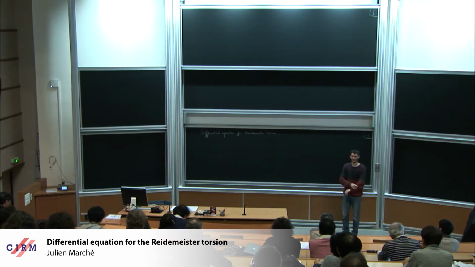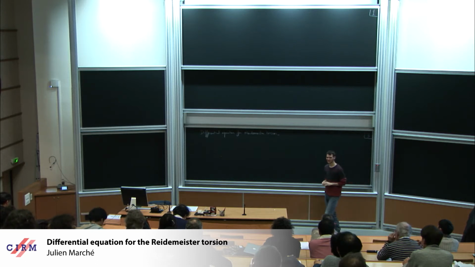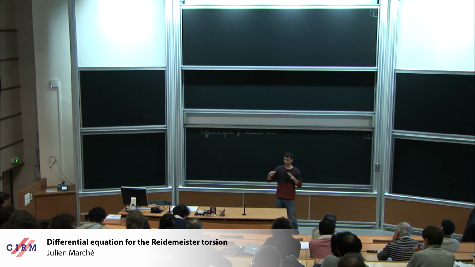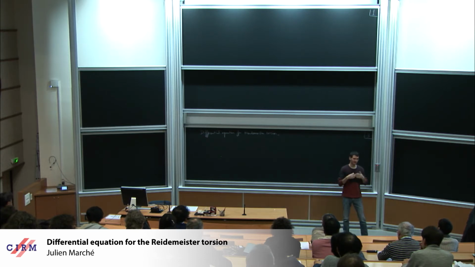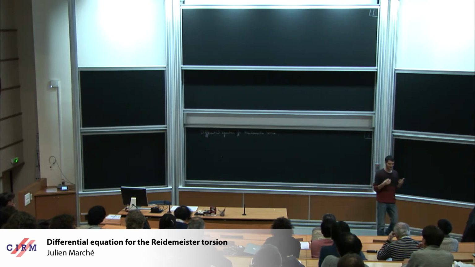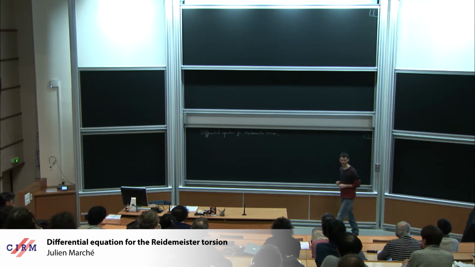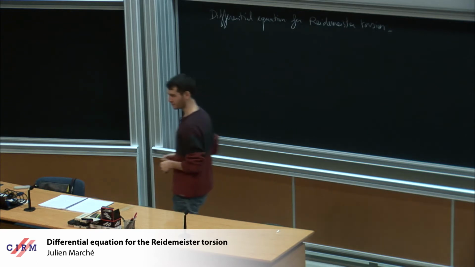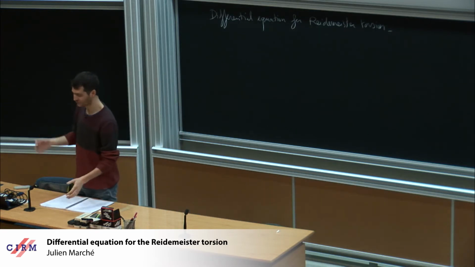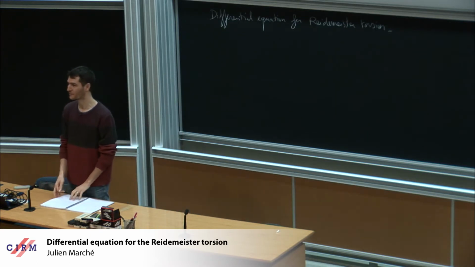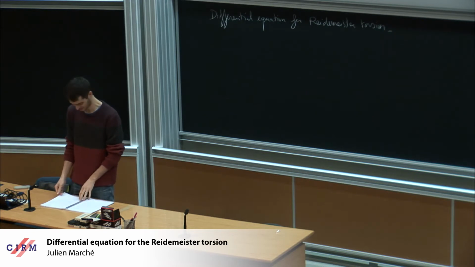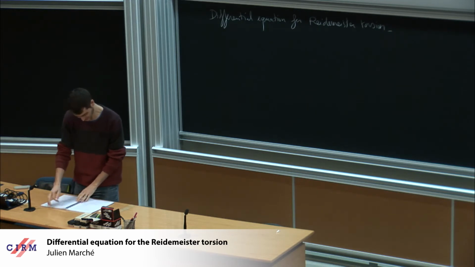I've not been thinking about it for some years now, but I found that it really fitted the topic of the conference. It's really about character varieties and quantum invariants, so I decided to talk about a topic I like very much. I've not many new things to say about it, but I hope you will be interested in it.